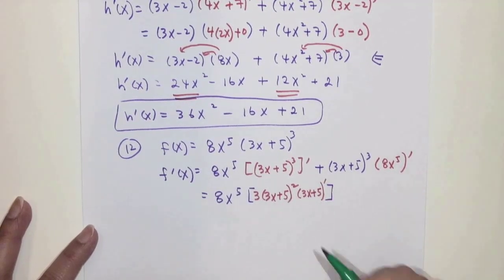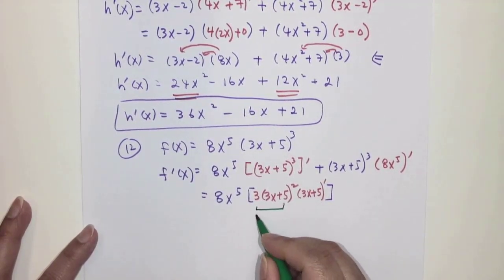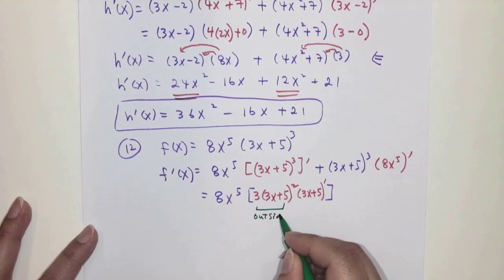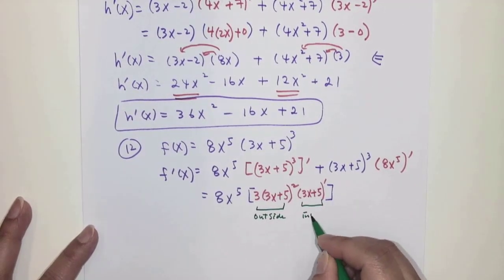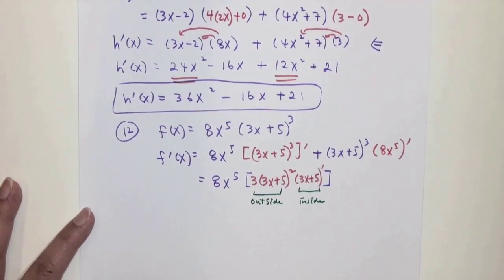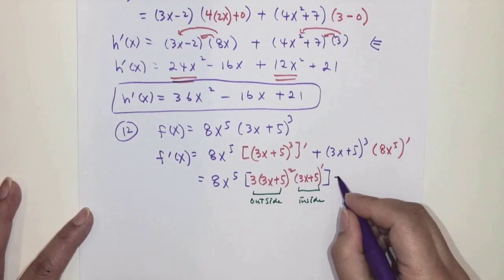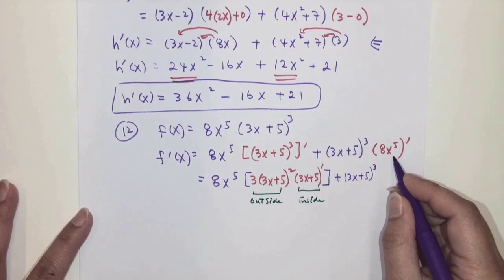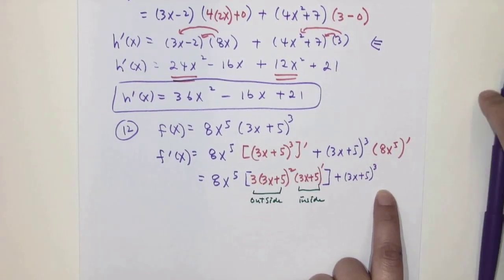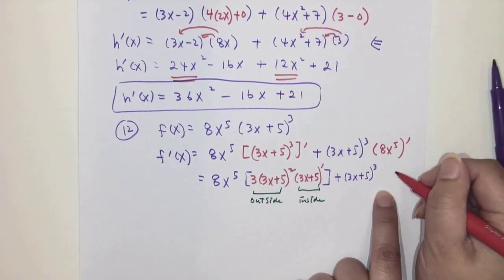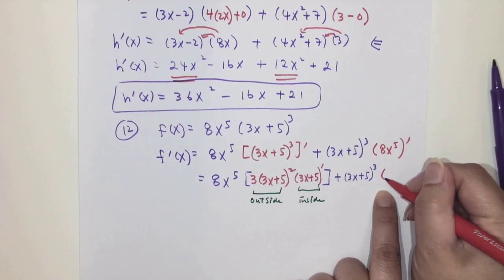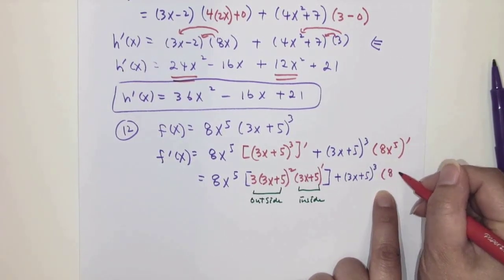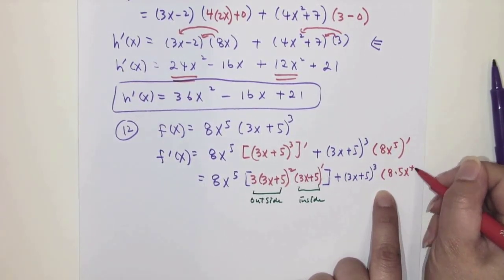So this is the outside and inside for the chain. And then on the second part, we're going to have plus 3x plus 5 to the 3rd power. Take the derivative of 8x to the 5th. It's going to be 8 times 5, x to the 4, right?